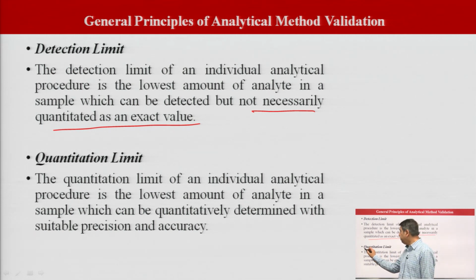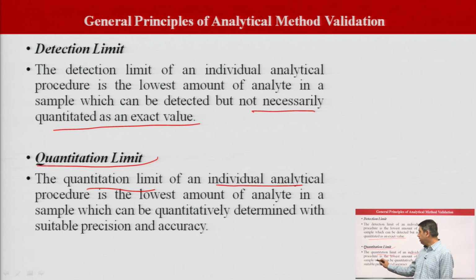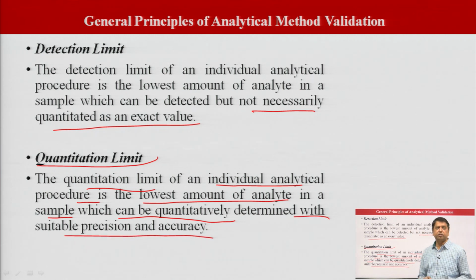The next validation parameter is the quantitation limit. Now, what is quantitation limit? The quantitation limit of an individual analyte procedure is the lowest amount of any analyte present in the sample which can be quantitatively determined with suitable precision and accuracy.